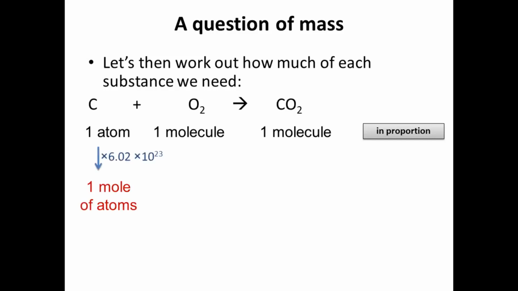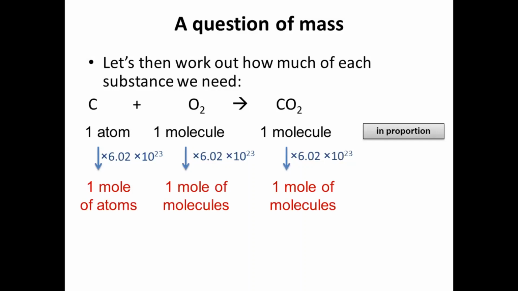Now, if you scale it up, think of proportional reasoning. If you times the number of atoms by the Avogadro constant, which is 6.02 times 10 to the 23rd, you get 1 mole of atoms. If you times 1 molecule by the same number, you get 1 mole of molecules. So you can see this is still in proportion.